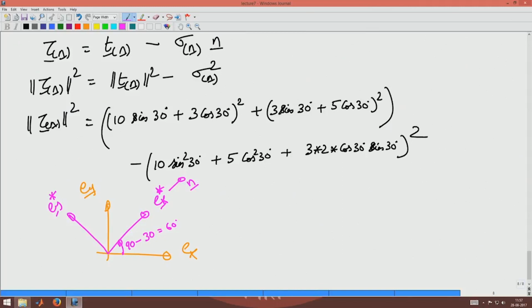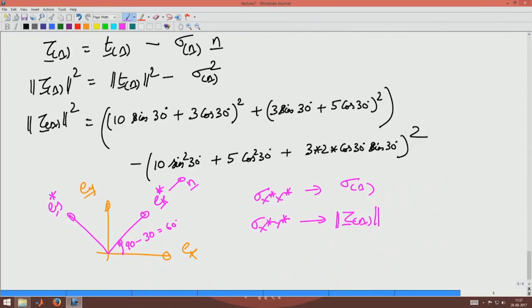Okay. That is the direction of the normal, and in this rotated system I will find sigma x star and sigma x star y star. This will be nothing but sigma of n, and this will be nothing but the magnitude of tau of n. Okay. So, you will find that both the approaches lead to the same value.